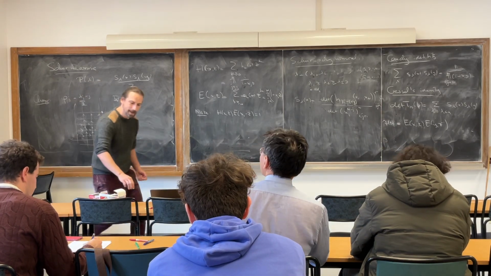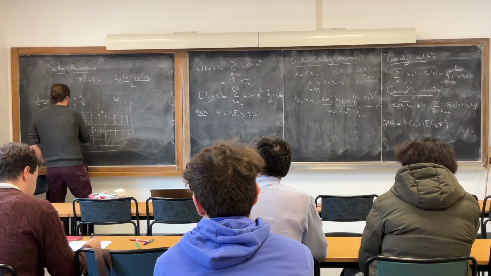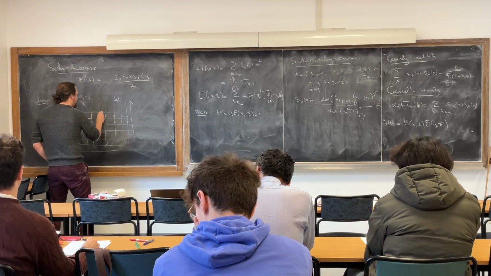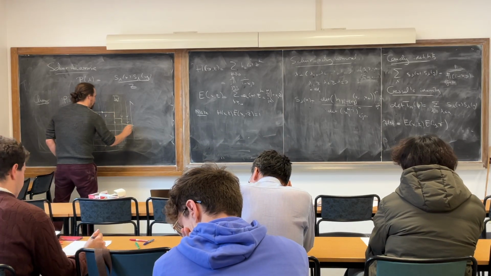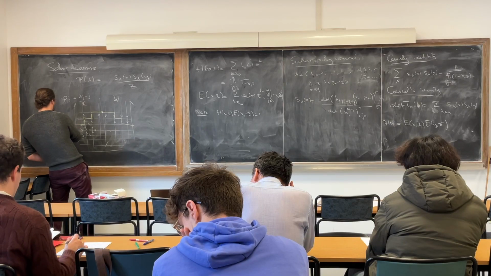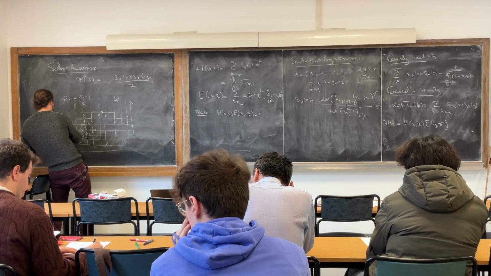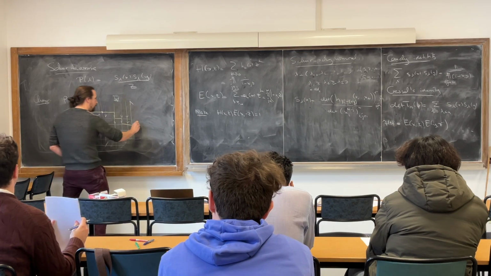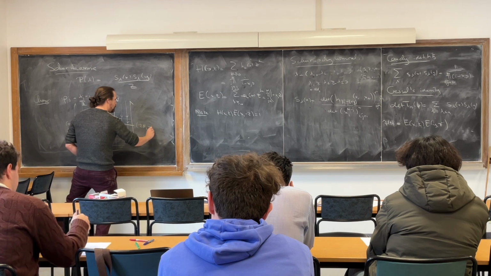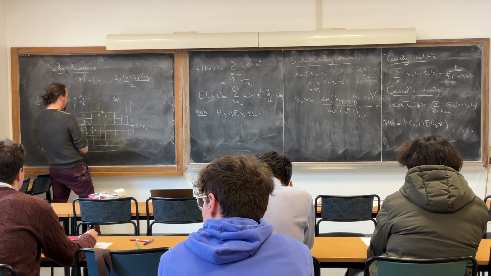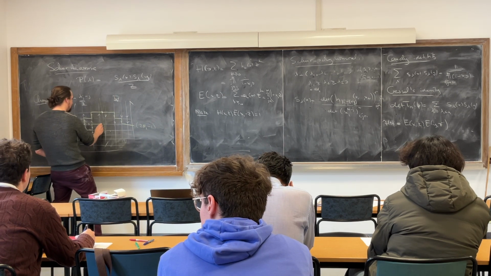So I have a bunch of paths that go from 0, then -1, then -2, and so on. And here I have 2n-1, and they go down. And these paths are all non-intersecting.